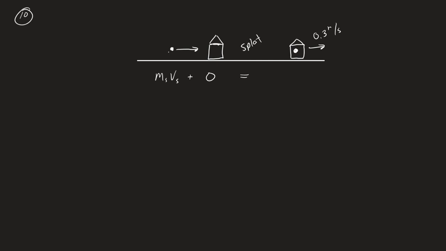After, it's going to be the combined mass of the spitball and the carton. This is a perfectly inelastic collision because the spitball sticks to the carton, and their velocity is 0.3 meters per second. You're looking for the velocity of the spitball, right? Do I have to do any more than that? No, you're good.